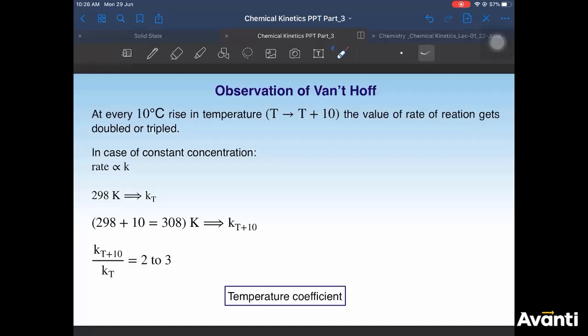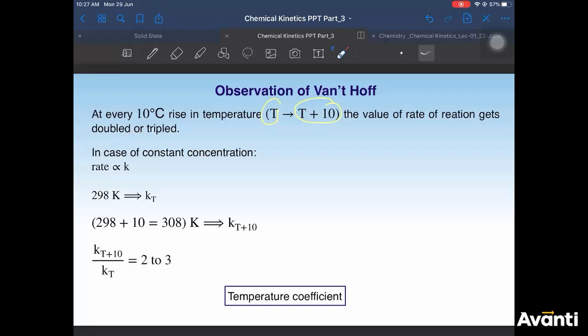Van't Hoff's observation was that with every 10 degrees Celsius rise in temperature, you can write 10 degrees Celsius or 10 Kelvin, both are fine, the rate of reaction gets doubled. If temperature is T and it becomes T plus 10, say it was 9 and we made it 19, the rate of reaction gets doubled. Actually not tripled, it is doubled.